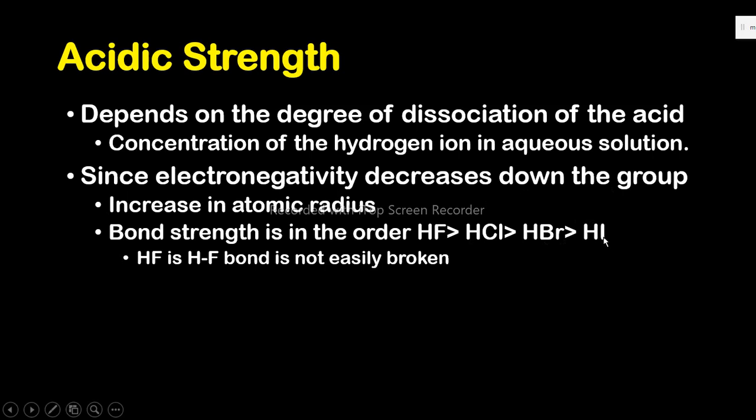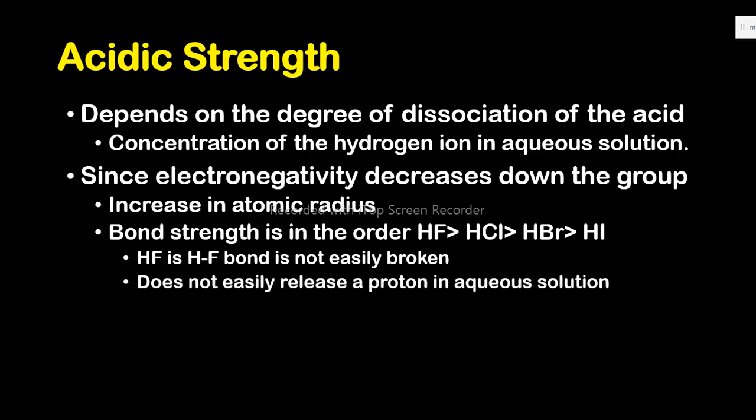And so the increase in acidity. A weak bond is easily broken, while a strong bond requires too much energy to break. If it doesn't easily break, it doesn't easily release hydrogen ions, hence it becomes a weak acid.